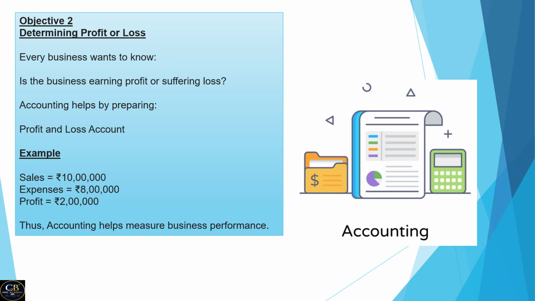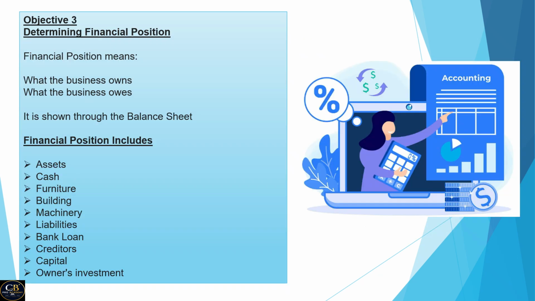Now let's move to the third objective, determining financial position. Financial position means what the business owns and what the business owes. And how are we able to get this information? We can see this information via the balance sheet. Balance sheet includes your assets and liabilities.